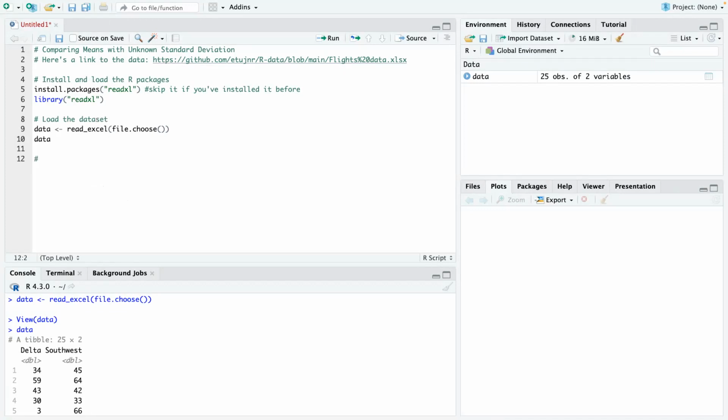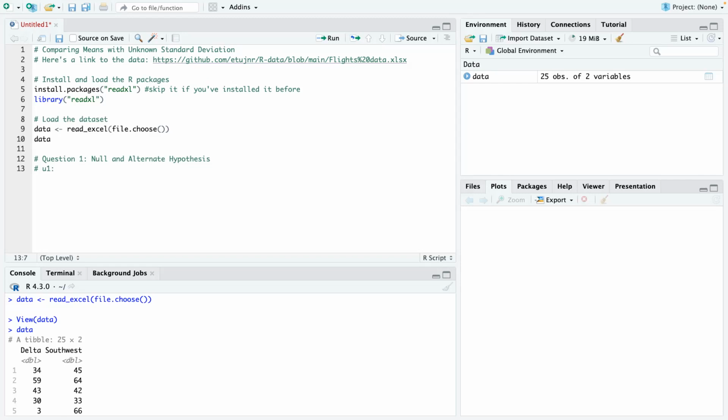So let's answer. I'm just going to have this as question 1, which is the null and alternate hypothesis. But before we do that, let's define what mu1 will be.